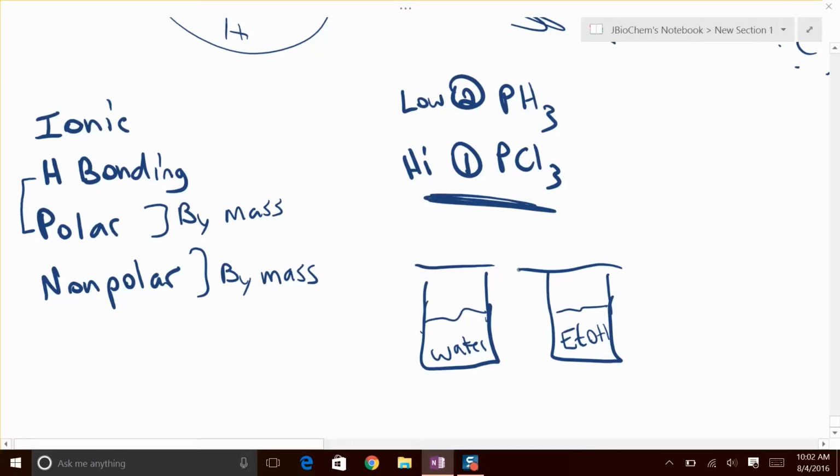Water has a higher boiling point than ethanol. Ethanol has a lower boiling point than water. In other words, ethanol is more volatile. It evaporates more easily than water does. So if I spill some alcohol on the table, it'll evaporate pretty quickly. Versus if I put some water on the table, it'll take a little while to evaporate.